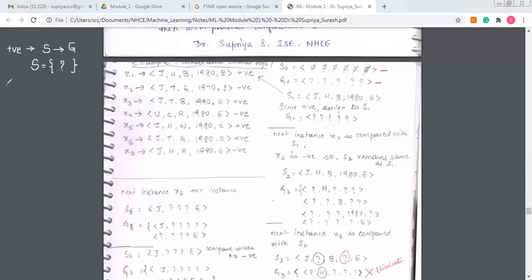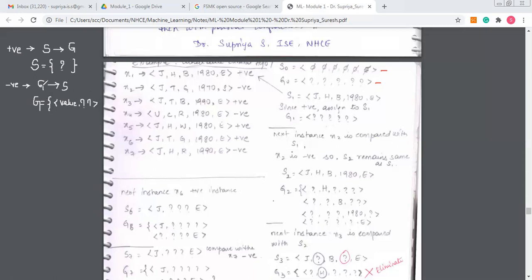When I get a negative value, I'm going to move from generic to specific. I'll be applying this only to the generic term, considering if there is any change in the value observed. I pull out that generic term, so it can be any attribute where I observe the change; that value is kept, and all the remaining will be question marks.